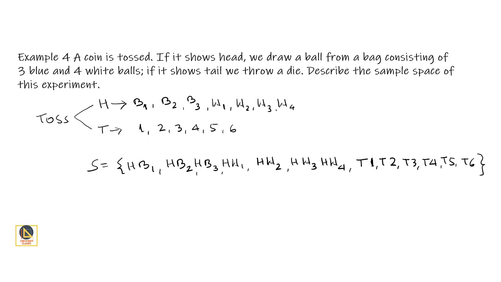If we toss a coin, head may come or tail may come. If head comes, we draw a ball from the bag, then B1, B2, B3 or W1, W2, W3, W4, any of the balls may come. And if tail comes, we roll a die, then the outcome may be 1, 2, 3, 4, 5 or 6.